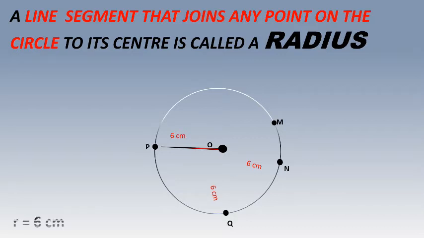So basically the radius of this circle is 6 centimeter, and we represent radius with a small r. And if we take another point X on the boundary of the circle, the distance from the center O to point X is 6 centimeter. So all the radii of this circle are of the same length.